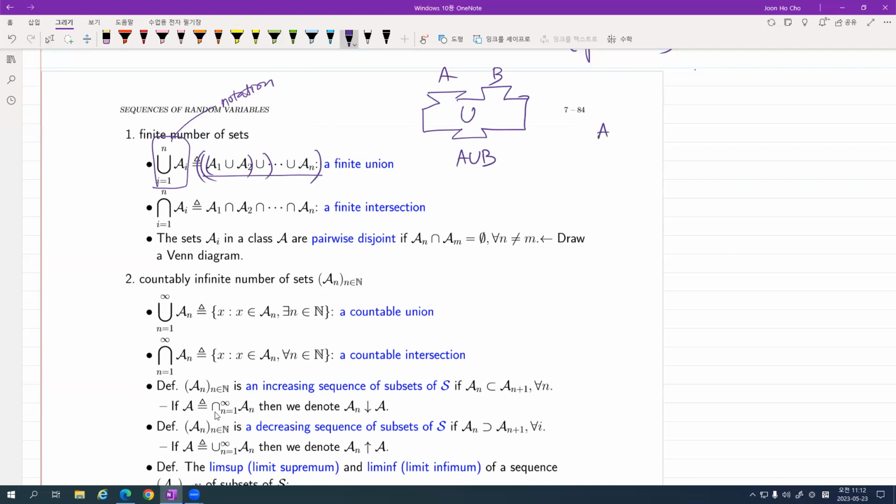So you have A1 union A2, union A3, union A4. You have something like this, right? But why didn't I put parentheses? Because the union operator has commutativity and what? Associativity, right? So it doesn't matter.